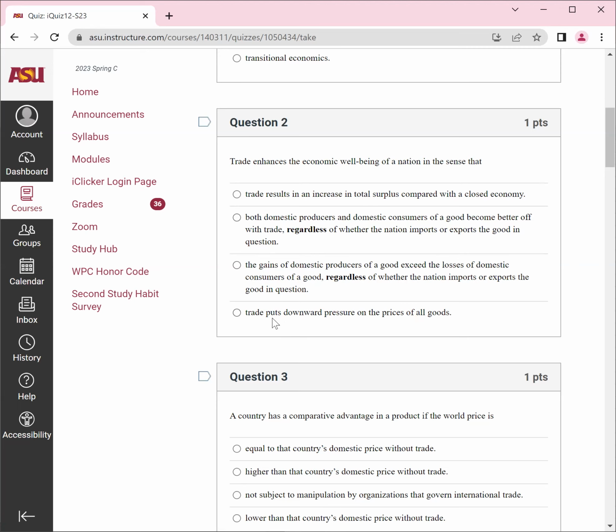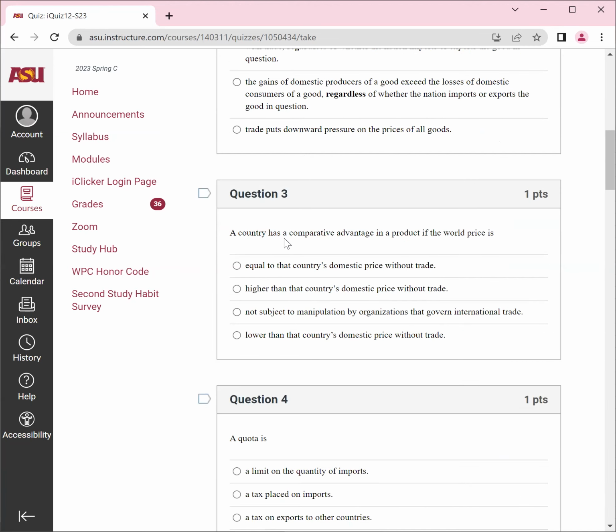I believe that is not true for sure. Trade results in an increase in total surplus compared with a closed economy. So that's consumer and producer surplus. I'm really not sure if that's true or not. I'd have to think about that. Let's go to something maybe I can better help with.